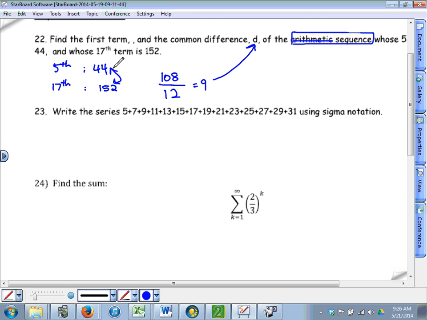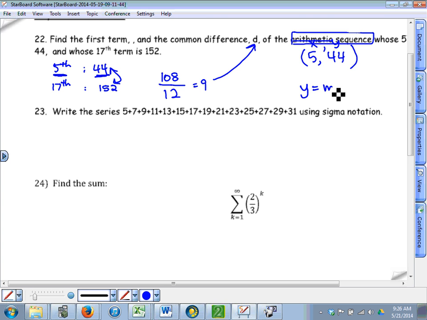Knowing that, think about the spot of the term and the actual term itself as an xy coordinate pair. So the 5th spot being 44 could be thought of as 5, 44, like an xy point. Do you guys see what I'm saying?